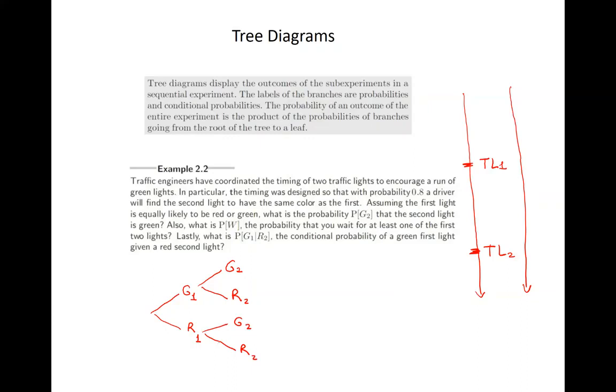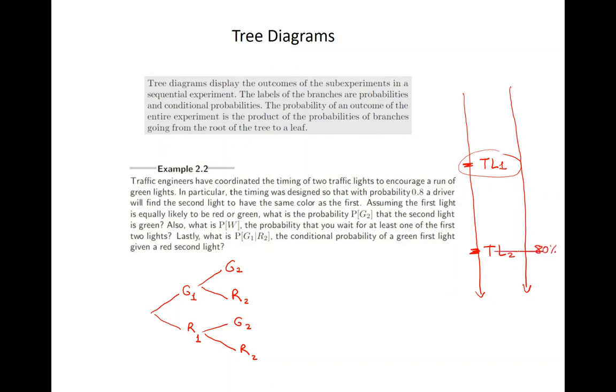Now, in this experiment, traffic engineers have coordinated the timing of 2 traffic lights to encourage a run of green lights. So once you get the first green, the likelihood of the next one being green is quite high. This is the usual case, and it's given as 80% here.